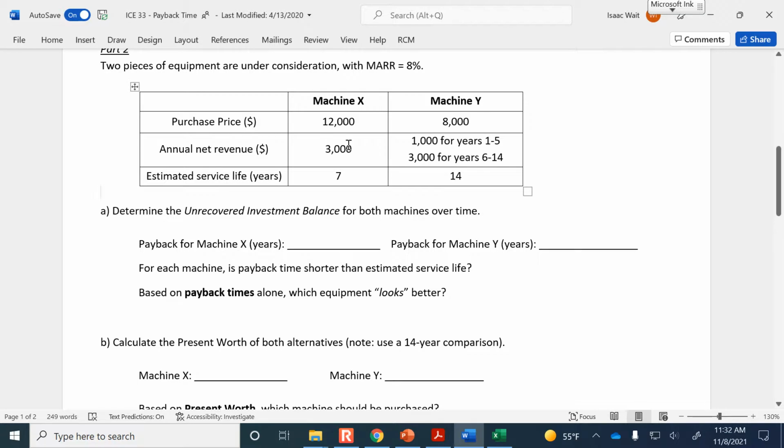So there's going to be 1 year where you've got both 3,000 in revenue, but then also a second purchase price for machine X. So do unrecovered investment balance for option X and option Y, and then we're going to look at when is there crossover points, like when do they go from being unprofitable to profitable.